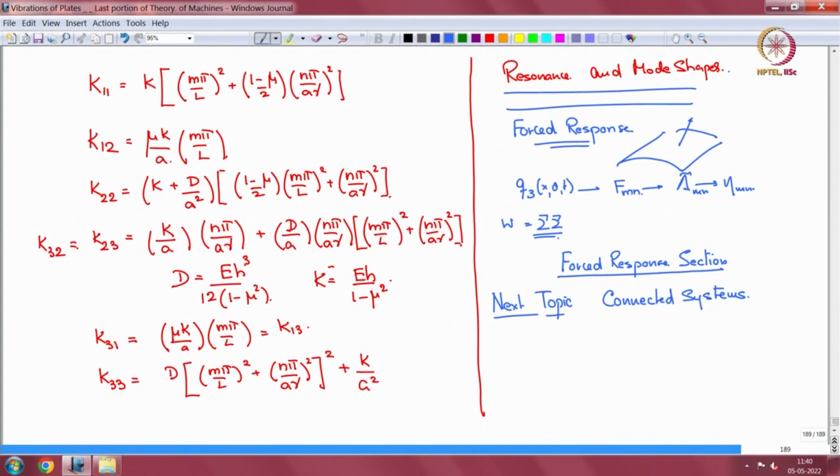Let us say I have a cantilever beam. I know its mode shapes and resonances, etc. But now it is connected to a spring. One end of the spring is grounded, the other end connects to some point on the beam. So how to do that?